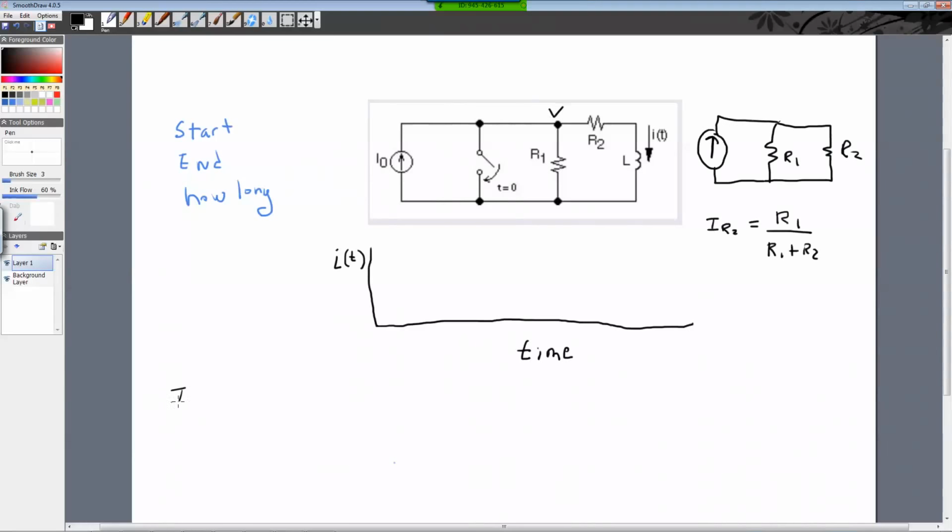So we have I naught equals IR1 plus IR2, which would equal V divided by R1 plus V divided by R2, right? I naught divided by V is 1 over R1 plus 1 over R2.